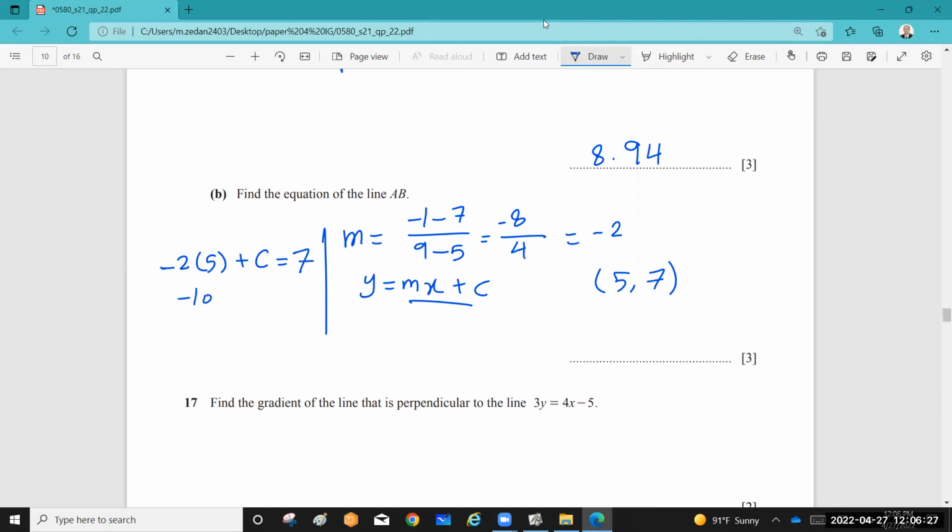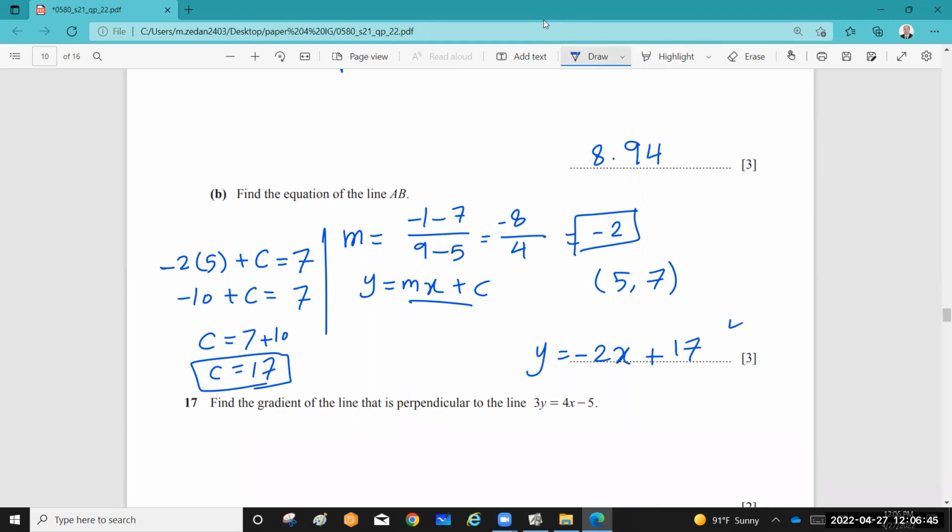So I have -10 plus c is equal to 7, so c is 7 plus 10, which is 17. Now you know the y-intercept and the slope, so the equation is y equals -2x plus 17. This is the answer.